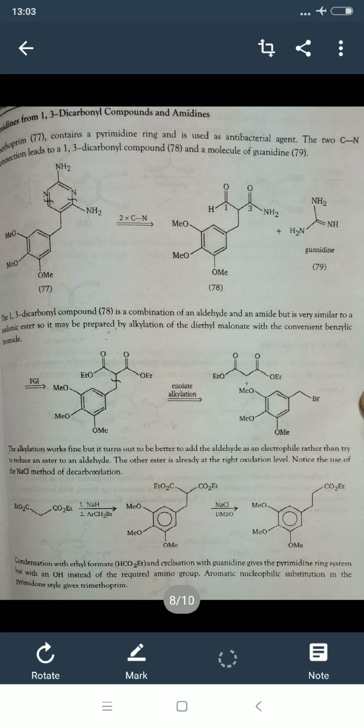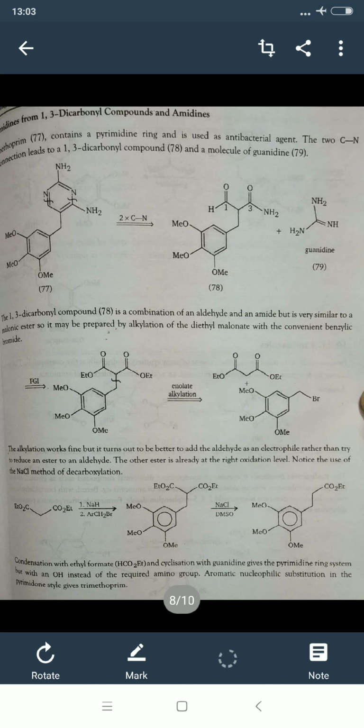The alkylation works fine, but it turns out to be better to add the aldehyde as an electrophile rather than try to reduce an ester to an aldehyde. The other ester is already at the right oxidation level.